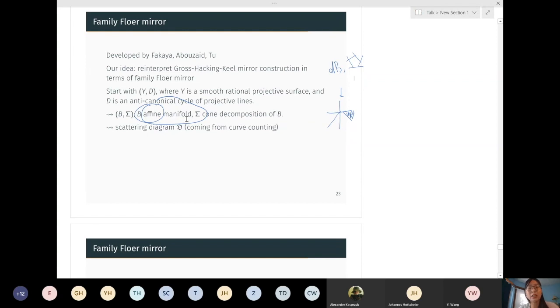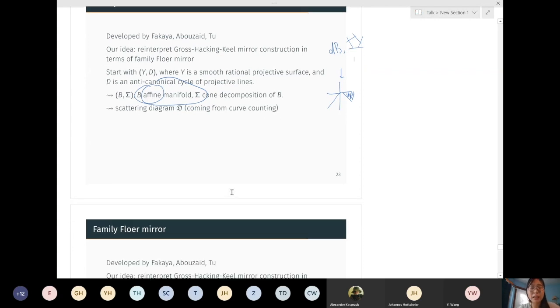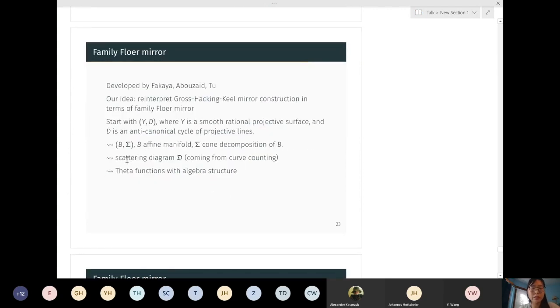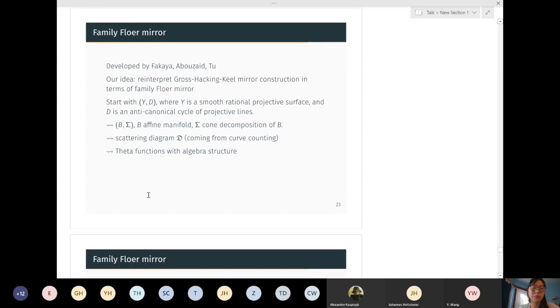You can see this entirely comes from one space, a log Calabi–Yau, and then we have the scattering diagram, and then we can define theta functions on the scattering diagram.